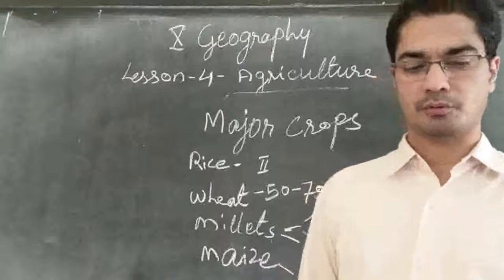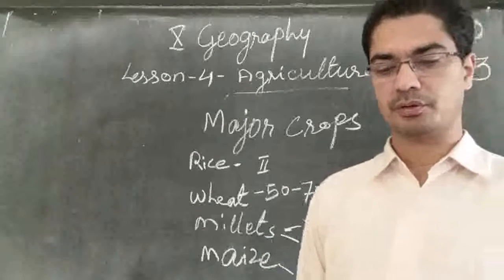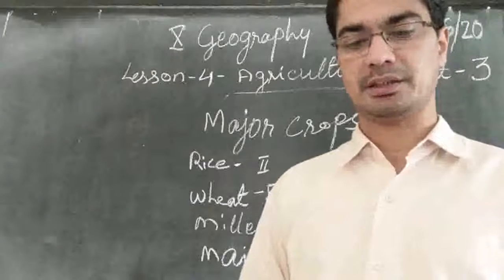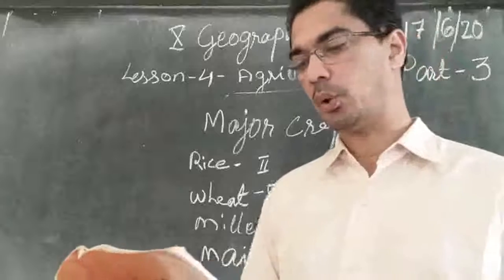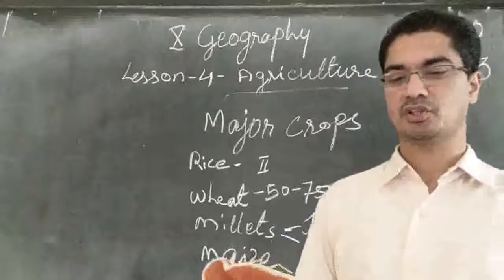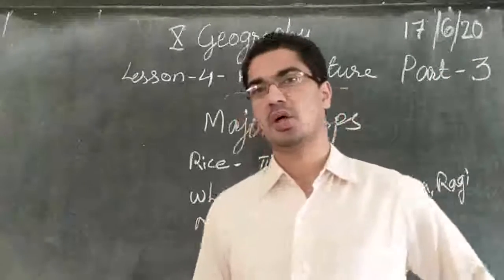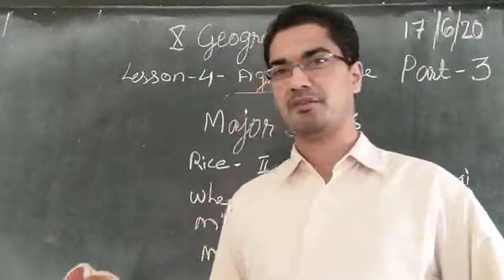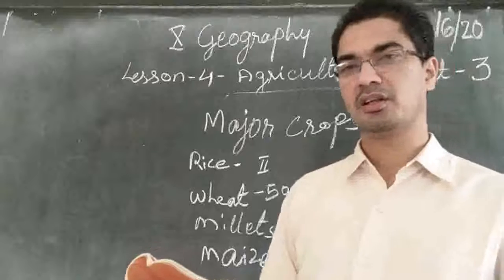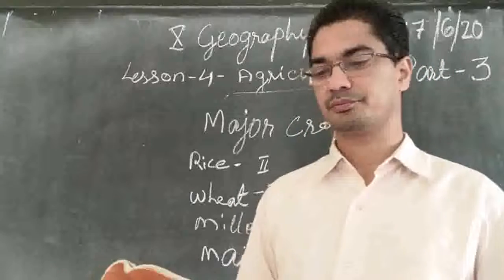It is a kharif crop which requires temperature between 21 degrees Celsius to 27 degrees Celsius and grows well in all alluvial soil. So during what season maize is planted? It is planted during Kharif season, during the rainy season, isn't it?